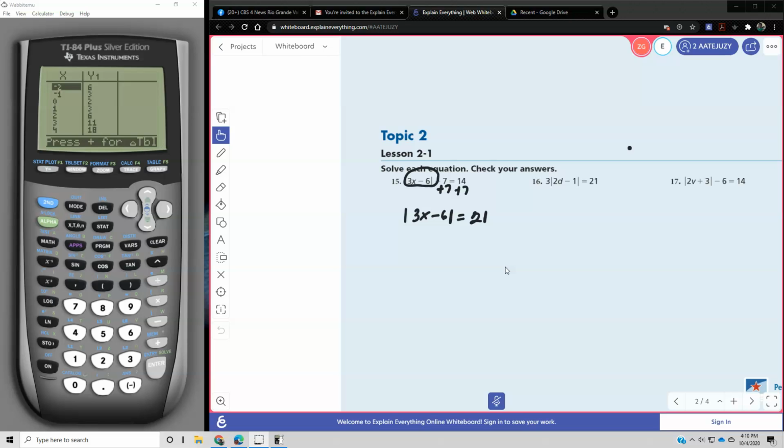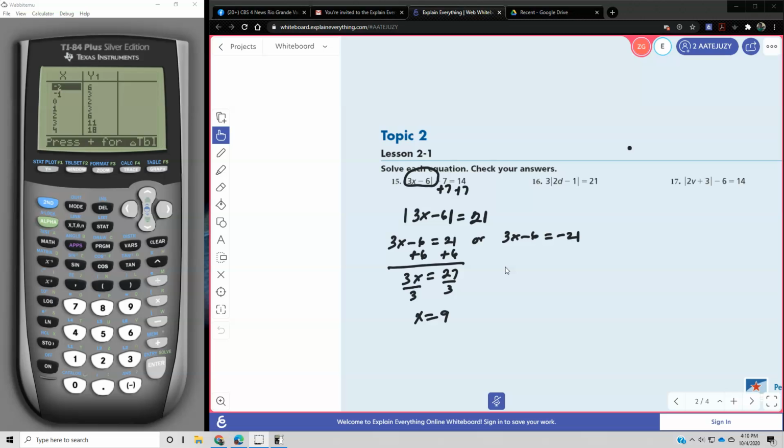Now you have to write your two equations. So now you have 3x minus 6 is equal to 21, or 3x minus 6 is equal to negative 21. And then you solve this equation by adding 6 to both sides. So you have 3x equals 27, divided by 3, so x equals 9.